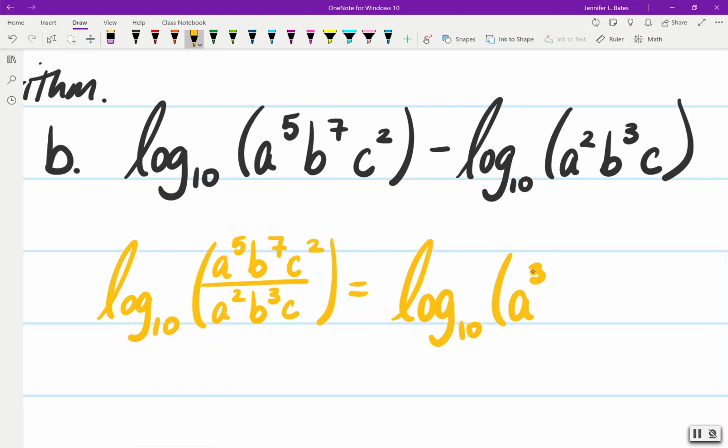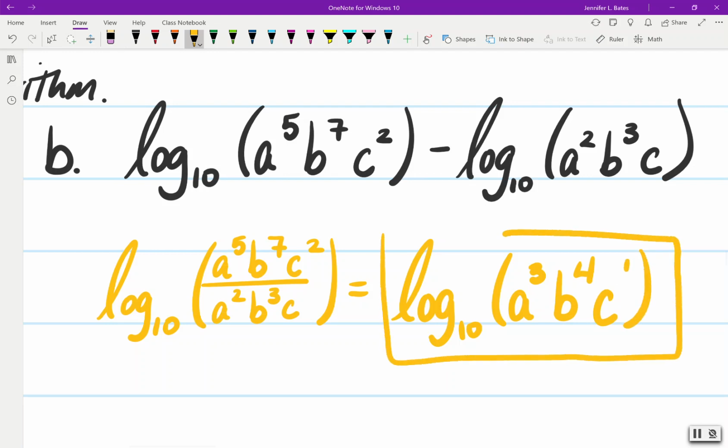So this becomes a to the third. Then when I look at the b's, b to the seventh over b to the third is b to the fourth, because I'm subtracting 7 minus 3. And then the c's, c squared over c, 2 minus 1 is 1. And we use log property number 2 here.